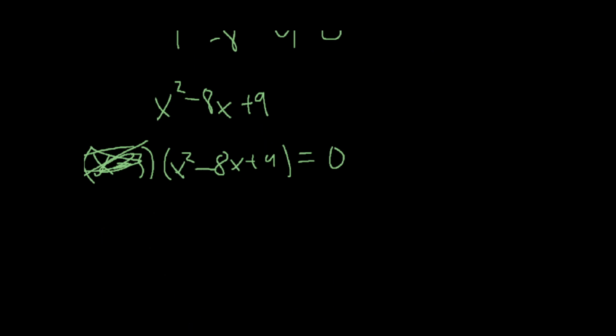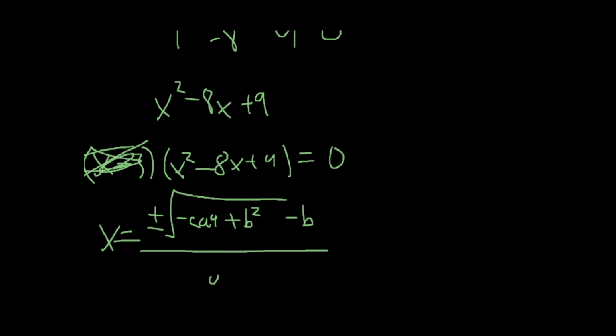So what I would do is use the quadratic formula. x equals minus b plus or minus square root of b squared minus 4ac. Hold on, this is not the quadratic formula. This is the quadratic formula. Yep, just like that.